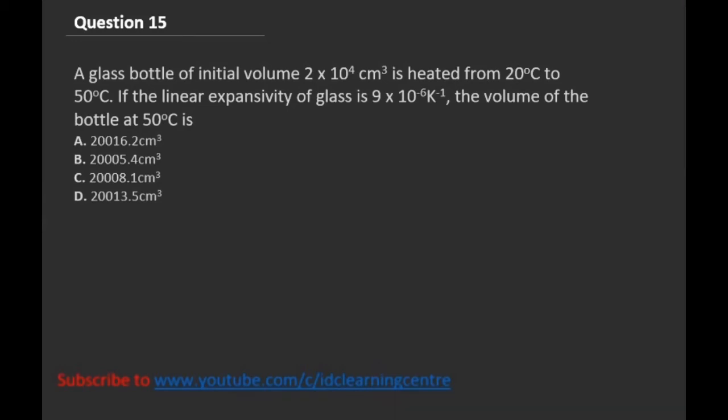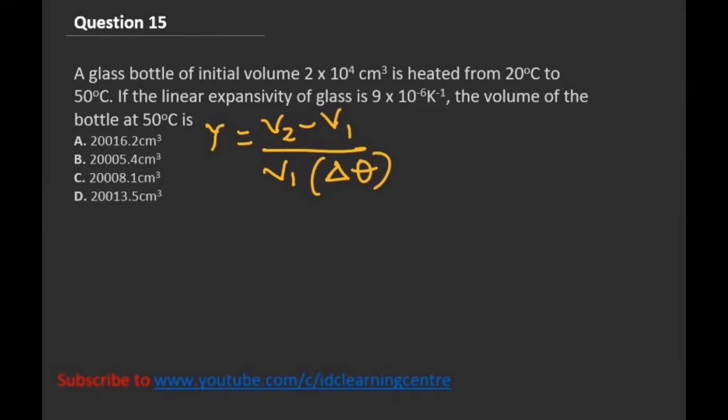Okay. Cubic expansivity, which is what this symbol represents, equal to final volume minus initial volume divided by initial volume bracket change of temperature, which is same thing as final temperature minus initial temperature.